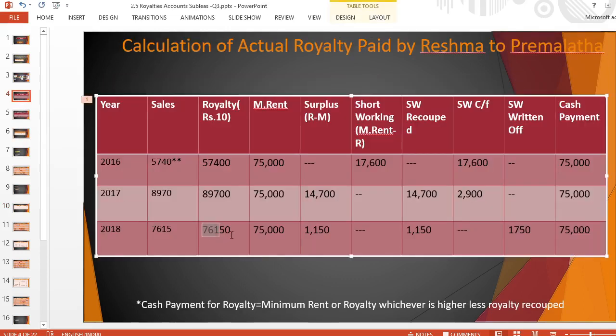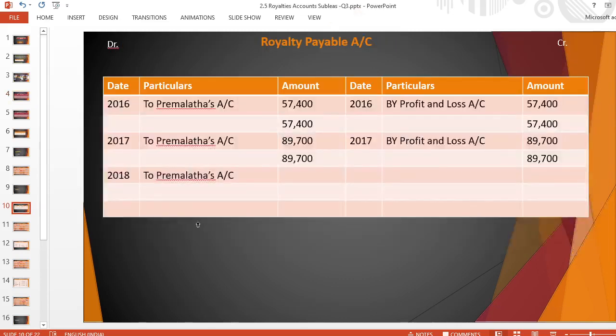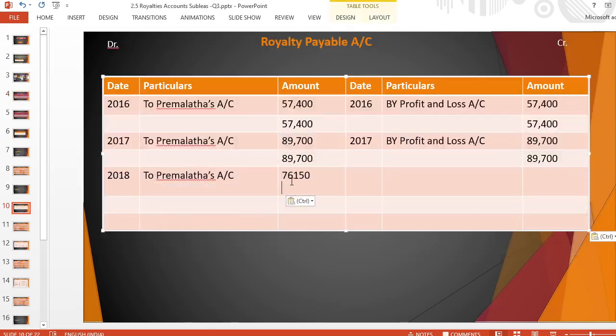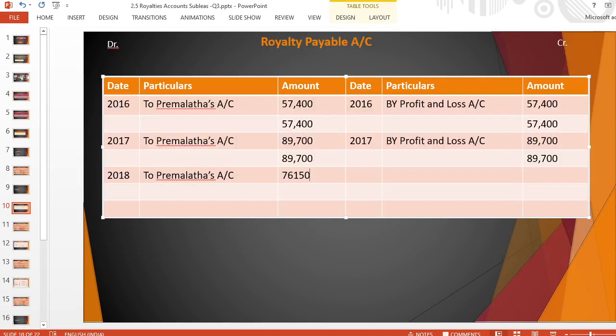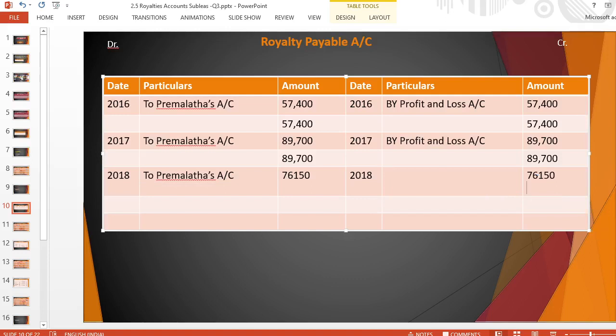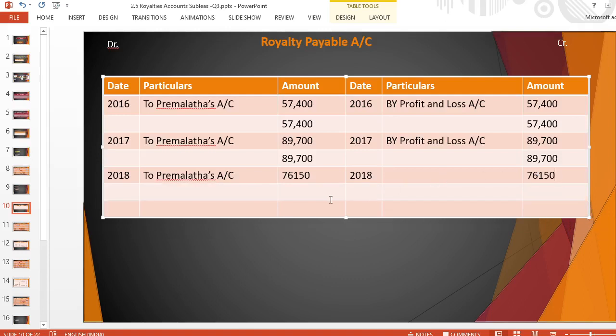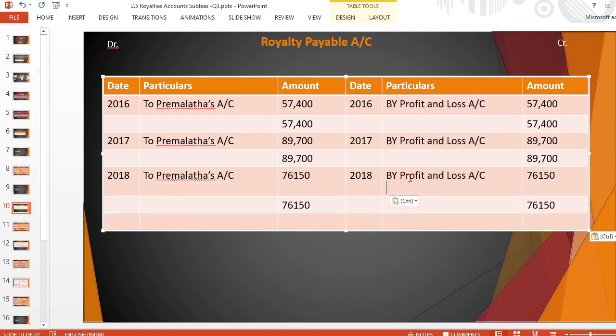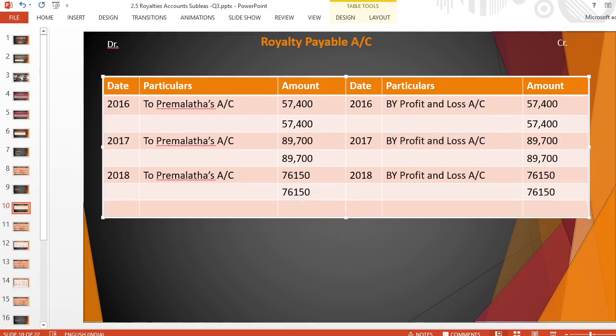Royalty due for the third year, 76,150 rupees. 2018 by profit and loss account again 76,150. There are no changes here. Debit and credit side total balance. The entire amount is transferred to profit and loss account.